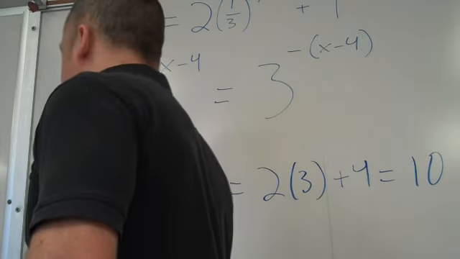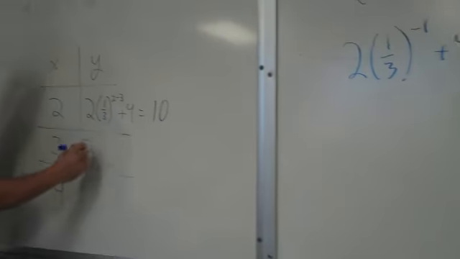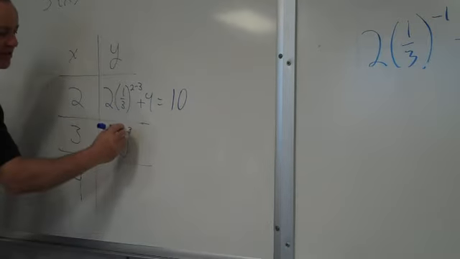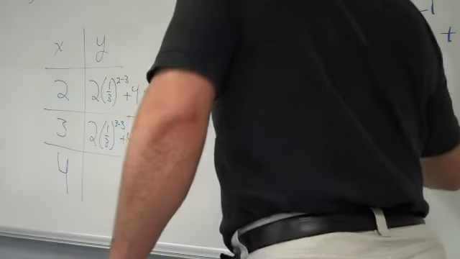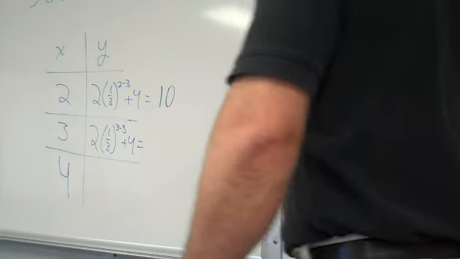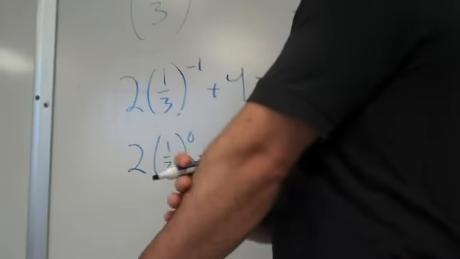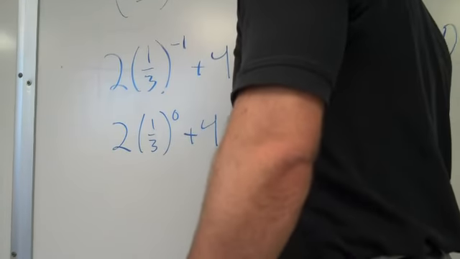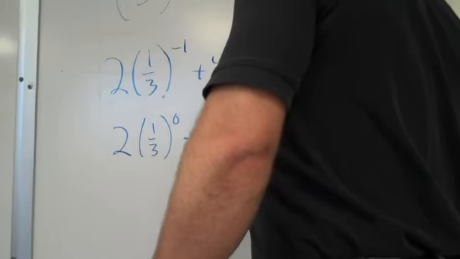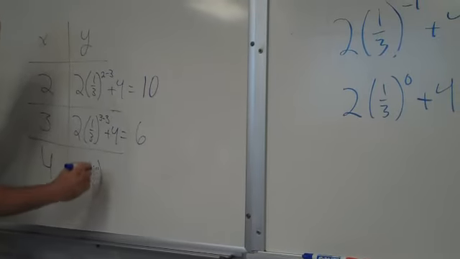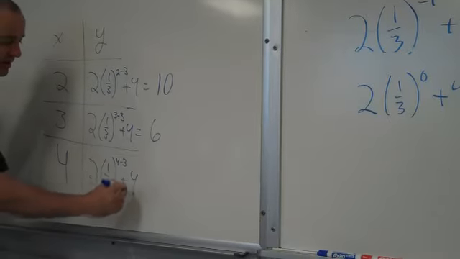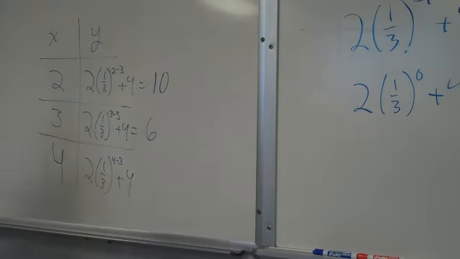Now we plug in 3, and we get 2 times 1/3 to the 3 minus 3 power plus 4. So it's 2 times 1/3 to the 0. What's 1/3 to the 0 power? 1. So 2 times 1 plus 4 equals 6. And then this one will be 2 times 1/3 to the 4 minus 3 power plus 4.